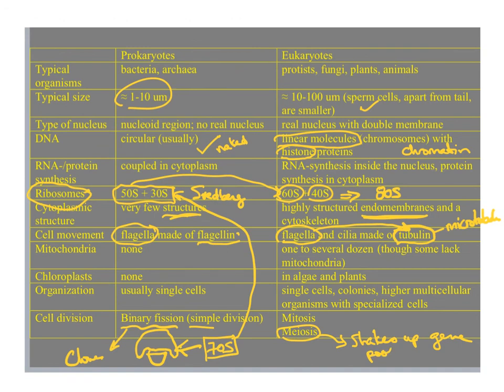So you get some genes from your mom, some genes from your dad, and some of those are stronger than others depending on if you have genes that are dominant or recessive, or if there's codominance. It depends on what you get from your mom, what you get from your dad.